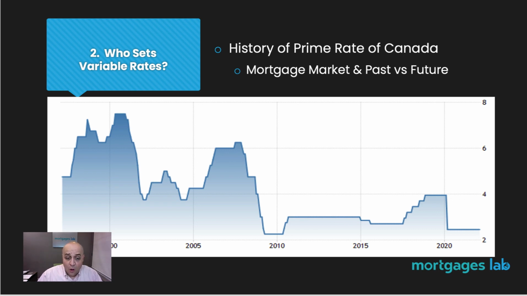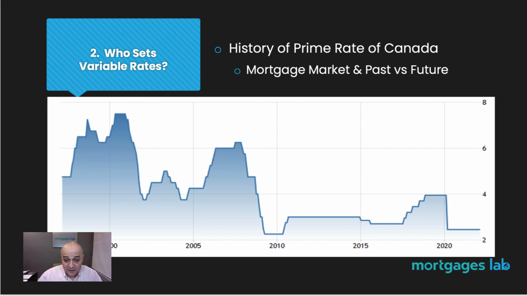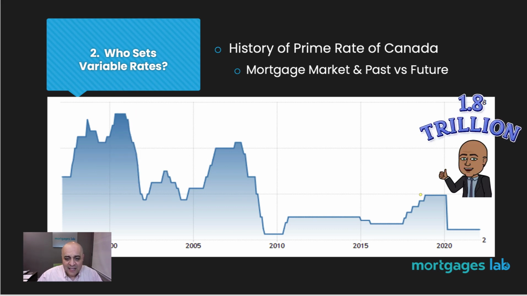Only in the last 20 years, since I started doing mortgages, the total amount of mortgages in Canada was 600 billion. Now, 20 years later, it's 1.8 trillion. So 3 times. For me, that's amazing.